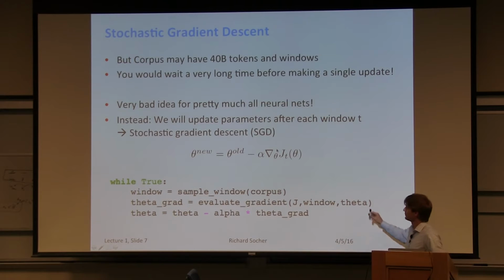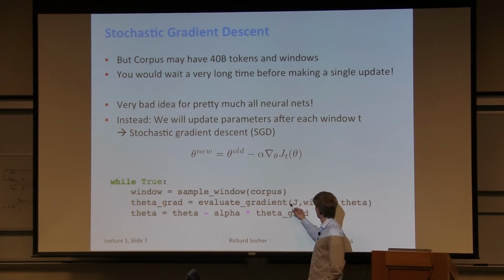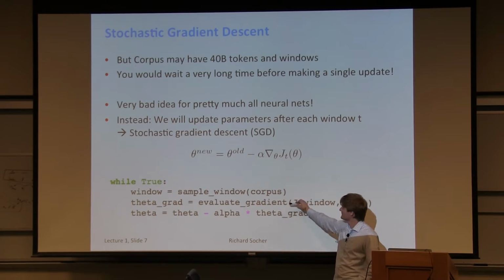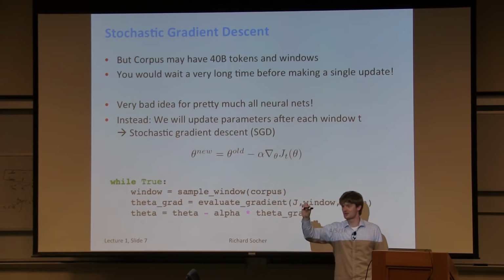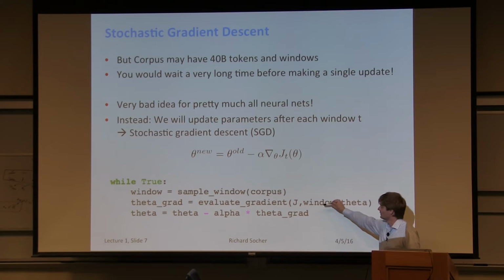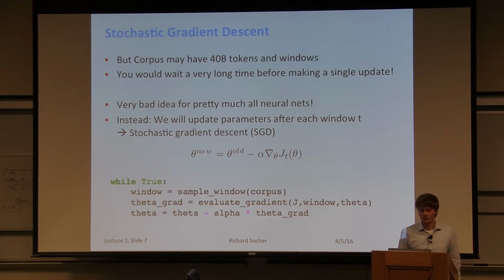So also very simple code. Instead of just looking over the entire corpus, we will sample a window. The simplest thing is to just go one word at a time to the right. And then we will evaluate the gradient only with respect to the word vectors that are in that window, and then make an update step. Are there any questions about stochastic gradient descent?